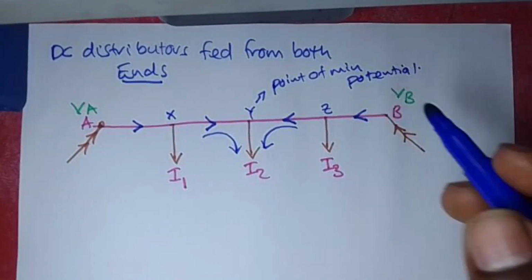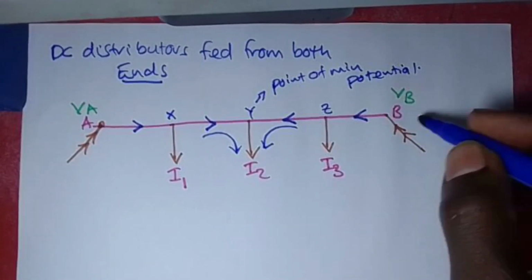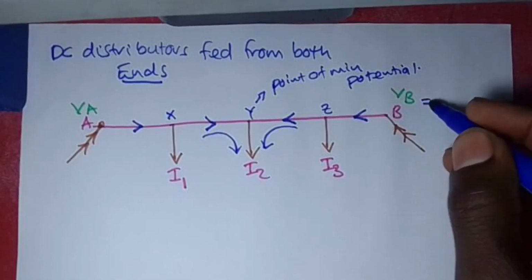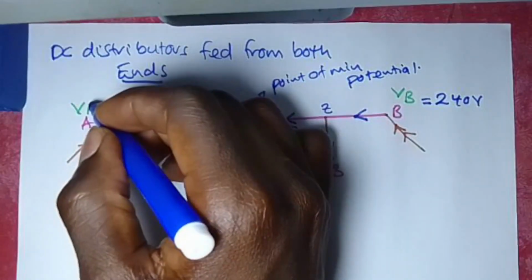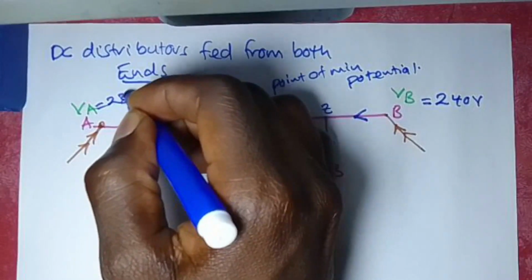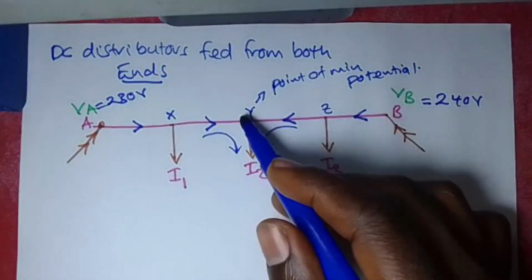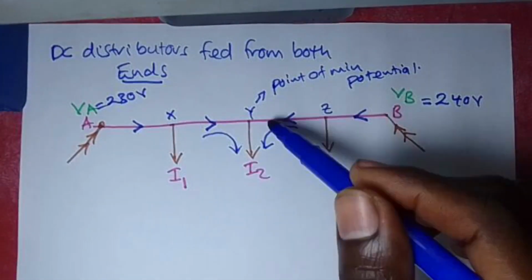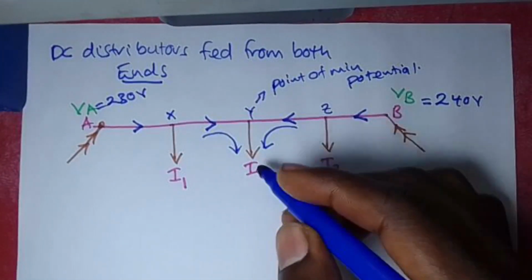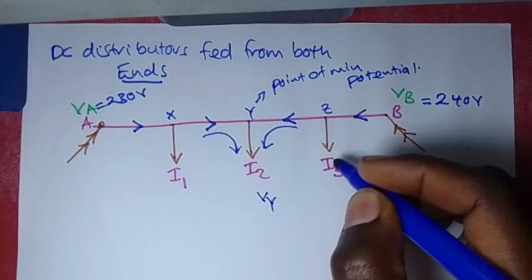So you're going to find that if this is my supply voltage, let me say my VB, maybe 240 volts, and I give my VA maybe 230 volts, the voltages will drop along the line, but the voltage at Y will be far smaller.